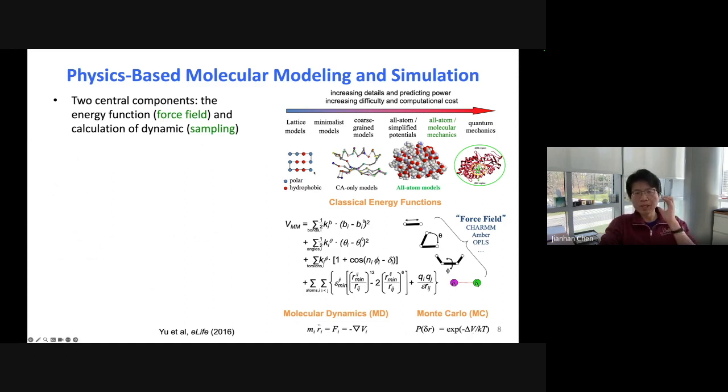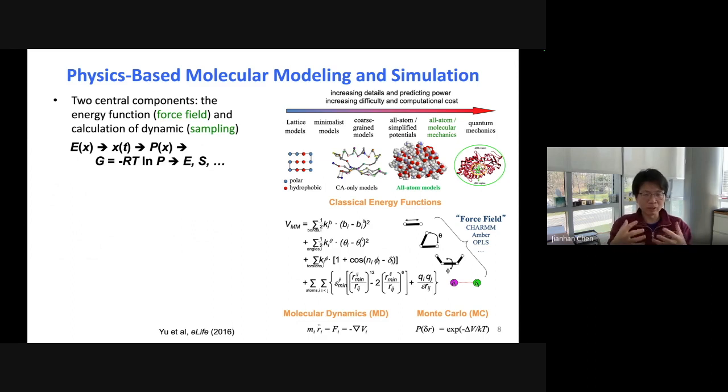For simulation of condensed systems, which most biomolecular simulations are, molecular dynamics is much more efficient, for different reasons I will probably not get into. This type of physics-based simulation is really simple in terms of the fundamentals, but it can be really powerful because it's a really general approach.